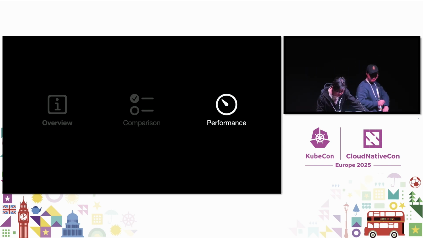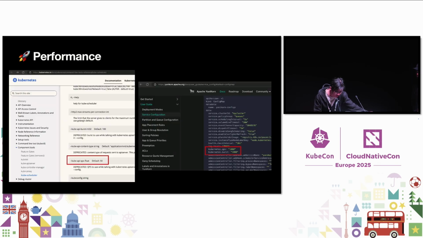Okay, next part, let me compare the performance of the different features. Let's see the difference between them. Before we start, I want to highlight the default settings that are different between the default scheduler and the Yunikorn resource. The default scheduler uses an API QPS of 50, and the Yunikorn default QPS is 1000.